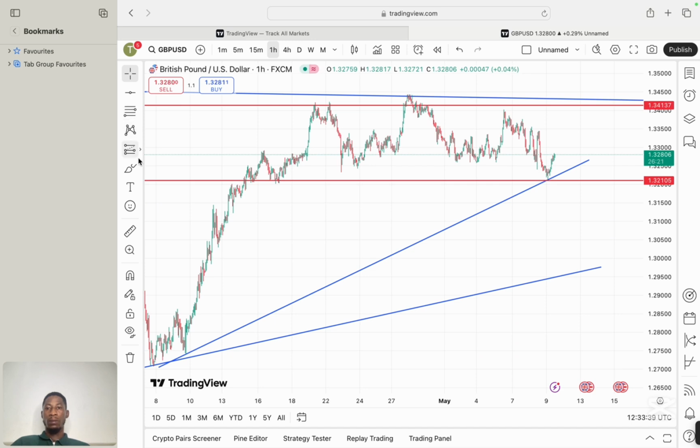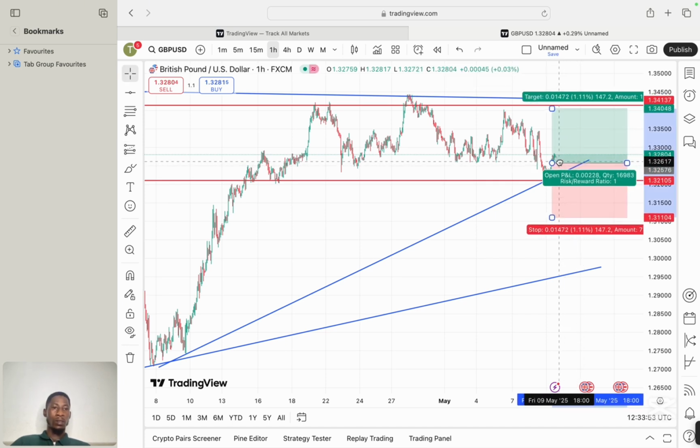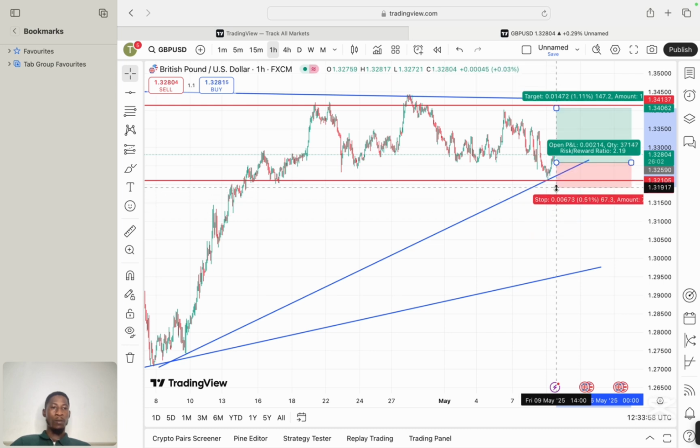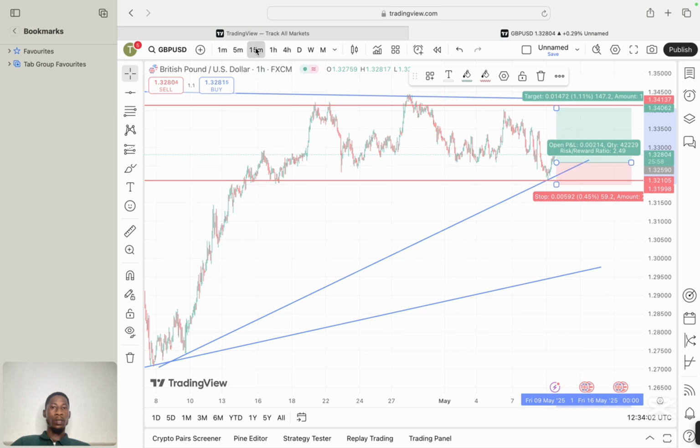I'm waiting for this market to just do something here. Come back here to test this trend line with other confluences. Then I'll be entering, but I won't be entering a buy on the 1 hour time frame.